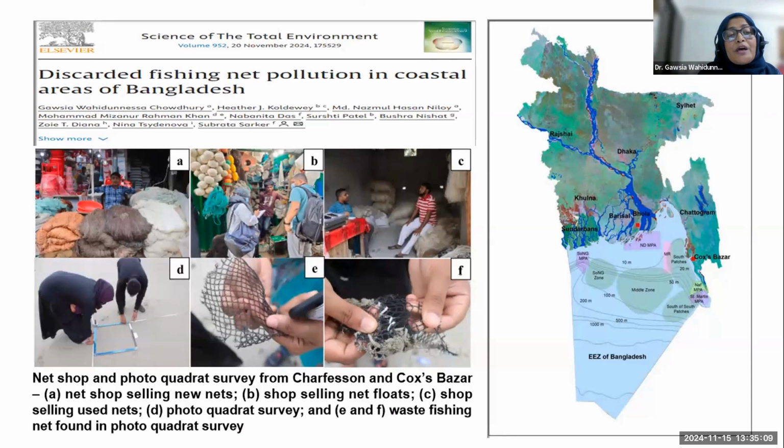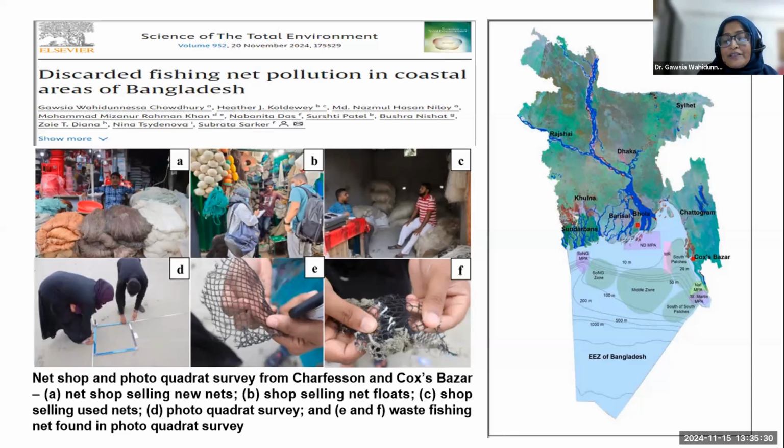Some shops sell new nets, some sell reused ones, and other shops sell fishing materials like floats and ropes. We visited and collected data from them.